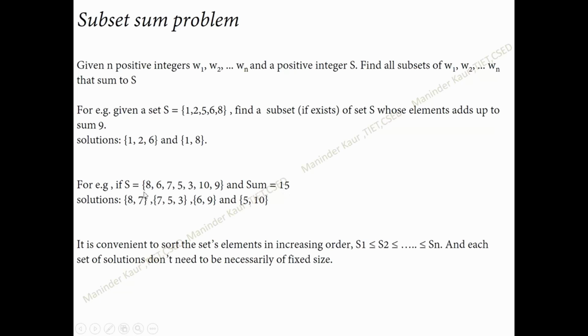The possible subsets from this set are 8 and 7, whose sum is 15; 7, 5, 3, whose sum is 15; 6 and 9, whose sum is 15; and 5 and 10, whose sum is also 15. Generally, before starting this problem of finding a subset with respect to a given sum, we first arrange the elements in increasing order, like what has been shown in this example.